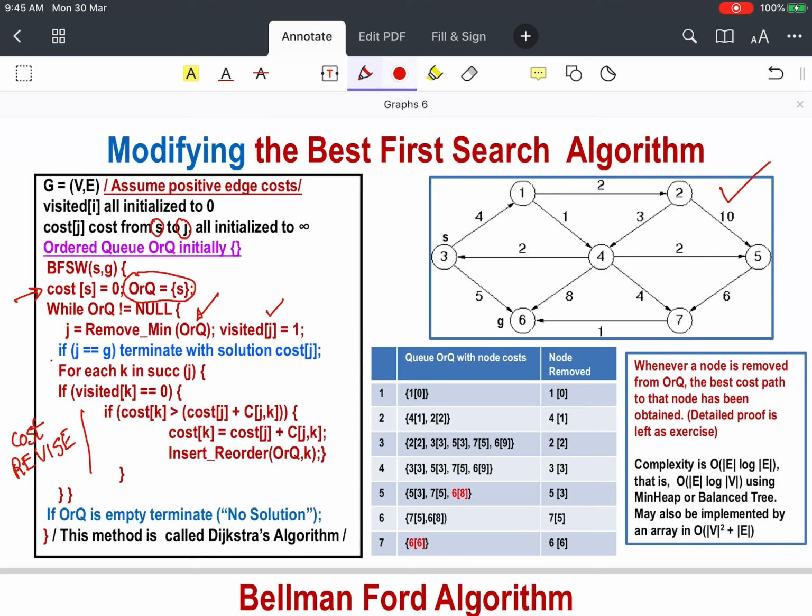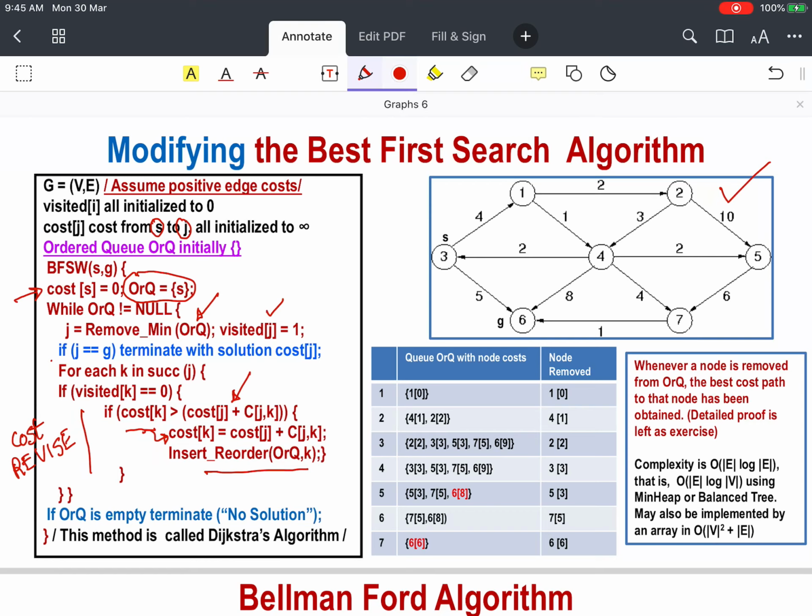We said that if we come to this node now with a cost which is smaller, that means if the original cost of the node successor k is now greater than the new cost through which you come, you update and revise that cost and reinsert into the queue or insert into the queue.